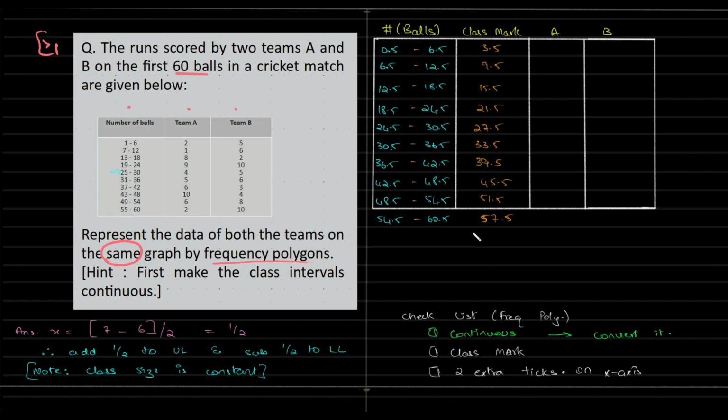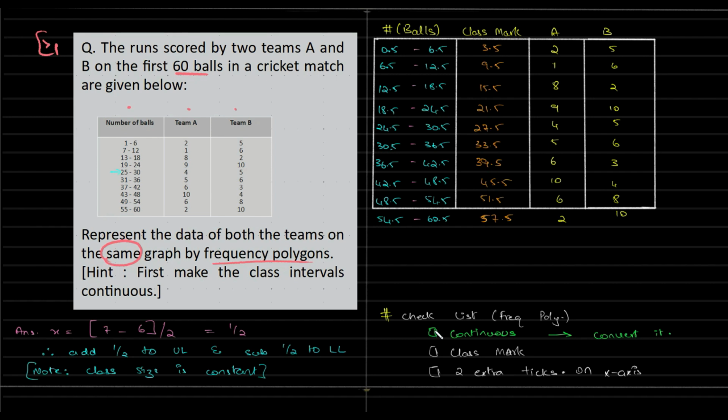Divided by 2 is 3. So that's correct. And next is just copying team A scores: 2, 1, 8, 9, 4, 5, 6, 10, 6, 2. And we have 5, 6, 2, 10, 5, 6, 3, 4, 8 and 10.